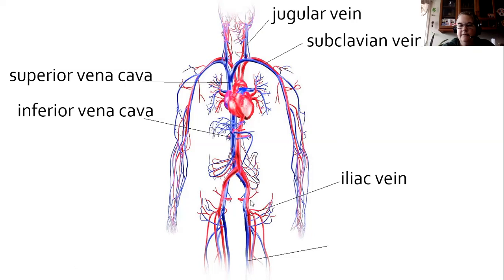The iliac vein carries deoxygenated blood from the pelvic area back to the inferior vena cava. And last, I have labeled here the femoral vein. The femoral vein is collecting the blood from the legs.